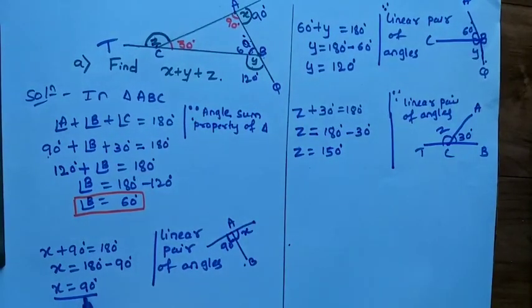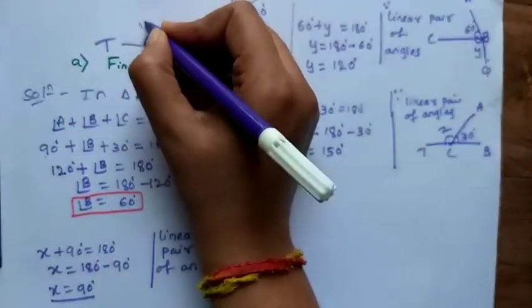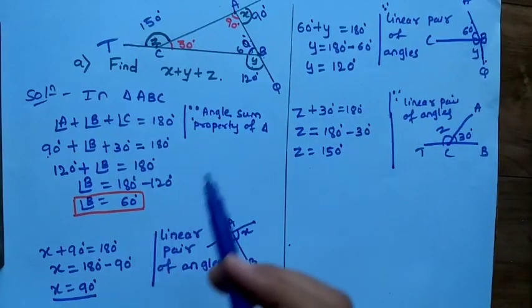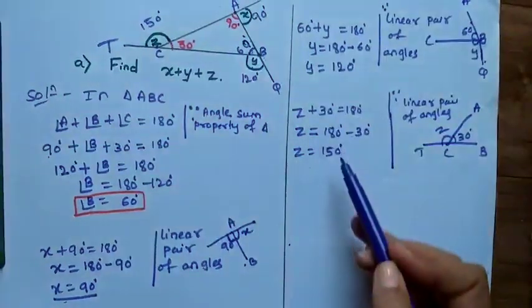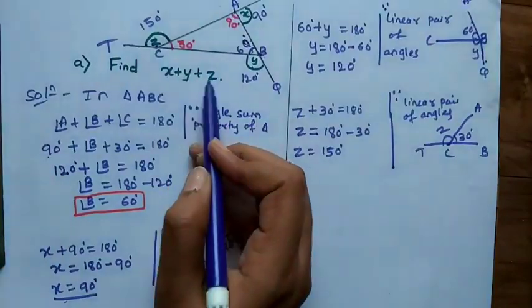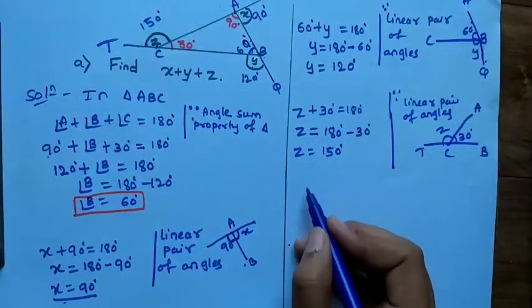Angle X is 90 degrees. Angle Y is 120 degrees. Angle Z is 150 degrees. Here we found the exterior angles X, Y, Z. Now what do we have to find here? X plus Y plus Z. We have to add all the angles.